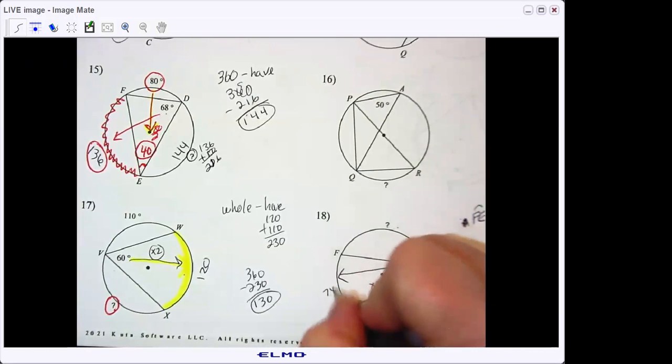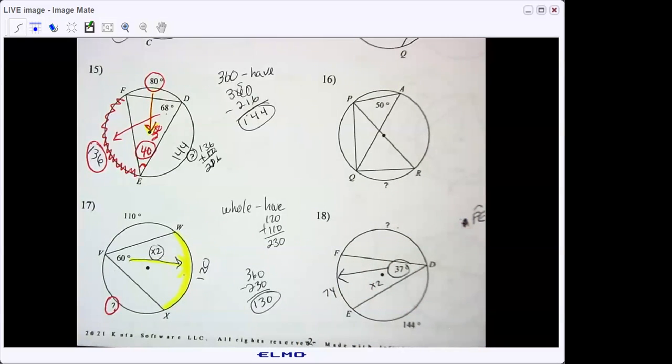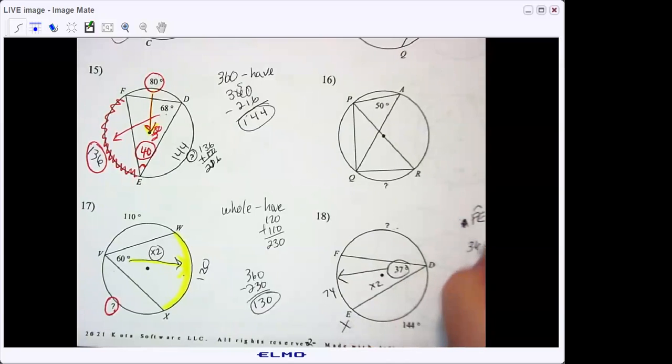So this would be 74. Good, nice. And then much like before, we add these 2 together and subtract from 360 minus what we have.